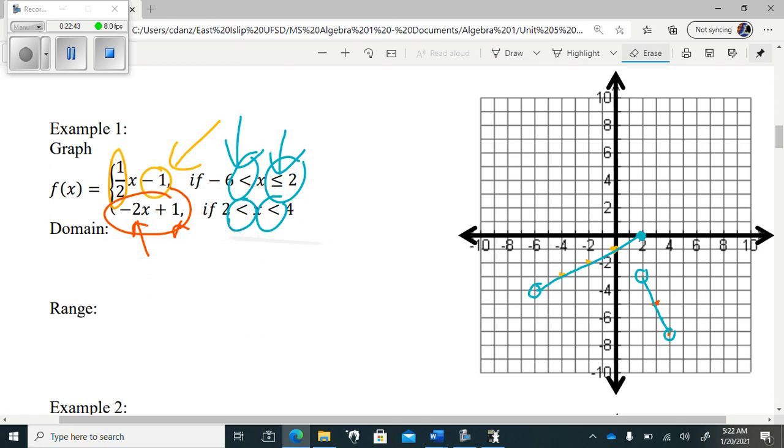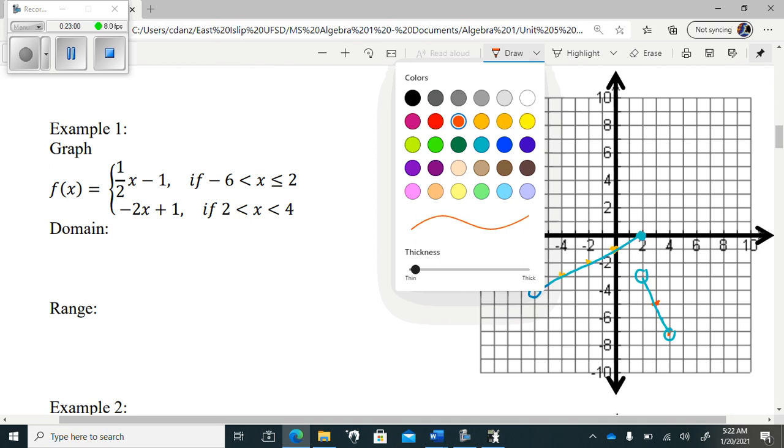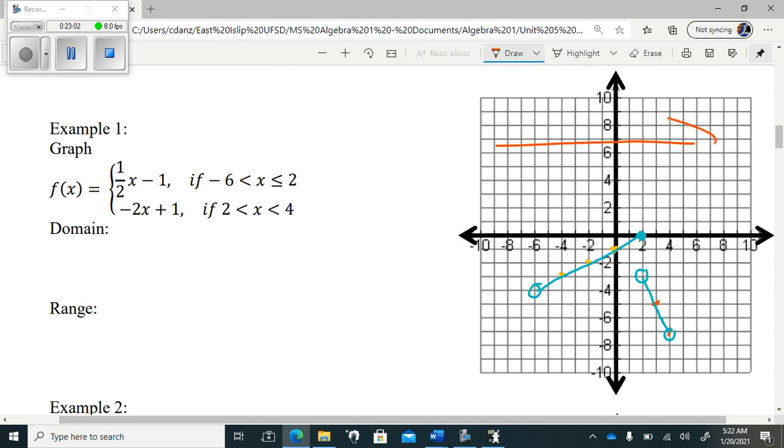Remember, I said that we'd be practicing domain and range practically all year. The domain are the x values where this function exists. If I look from left to right, those are my domain. So looking this way, do you agree that the function starts here and ends here?